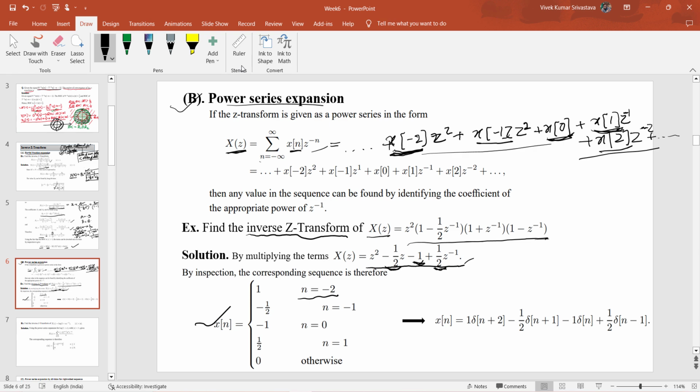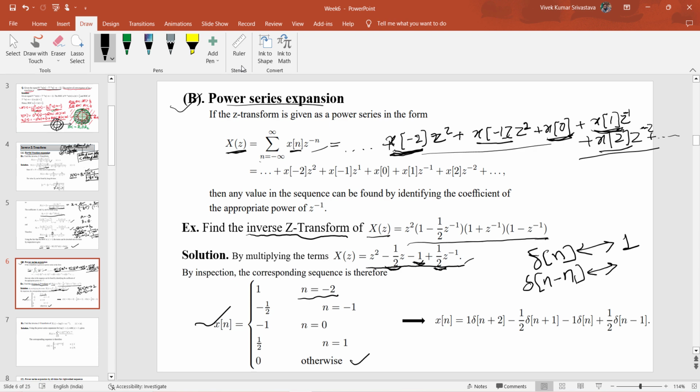Once you know the coefficients you have to just take the inverse z transform. We know that for the delta function the z transform is defined as 1. And here we also have to use one more property, that is time shifting. In the previous class we have seen the delaying function, that is delta of n minus n1, let us say.